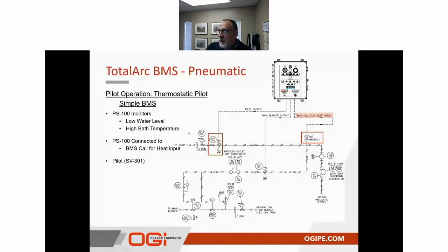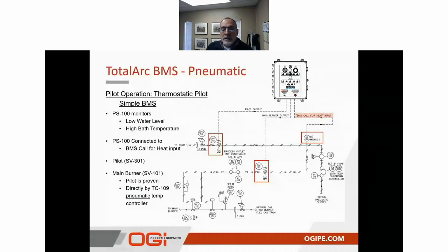And then after the pilot is proven, it'll enable the main burner solenoid valve. Now, because the solenoid valve is enabled doesn't mean that it's actually going to operate the main burner. The main burner will operate based on the process temperature controller that's located downstream of SV 101.